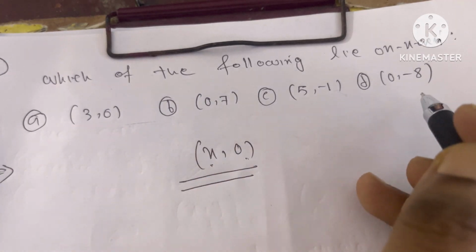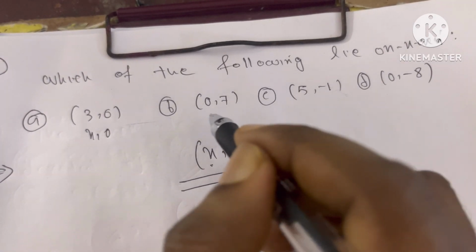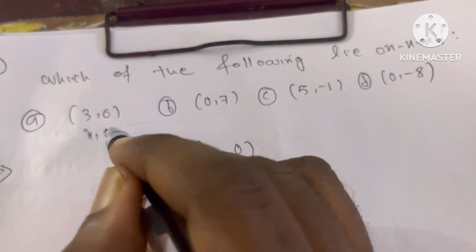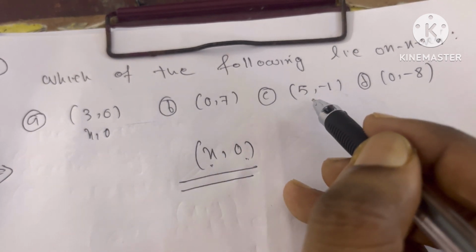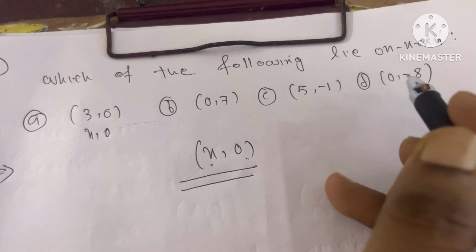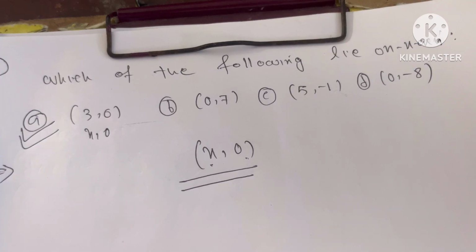If you see the options, 3 comma 0 is of the form x comma 0, while the others are of the form 0 comma y or x y. So the coordinate in option A, 3 comma 0, lies on the x-axis.